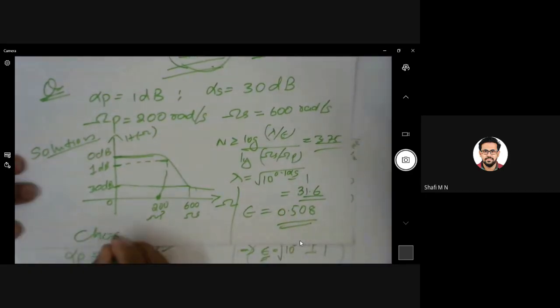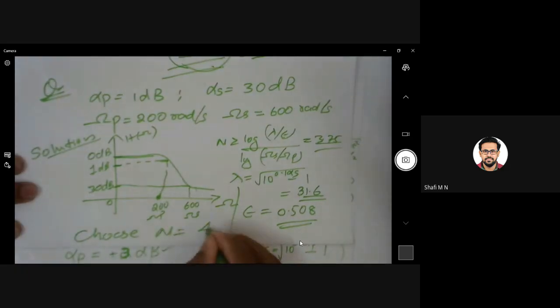So you have to choose a value greater than that. Therefore, order is 4.